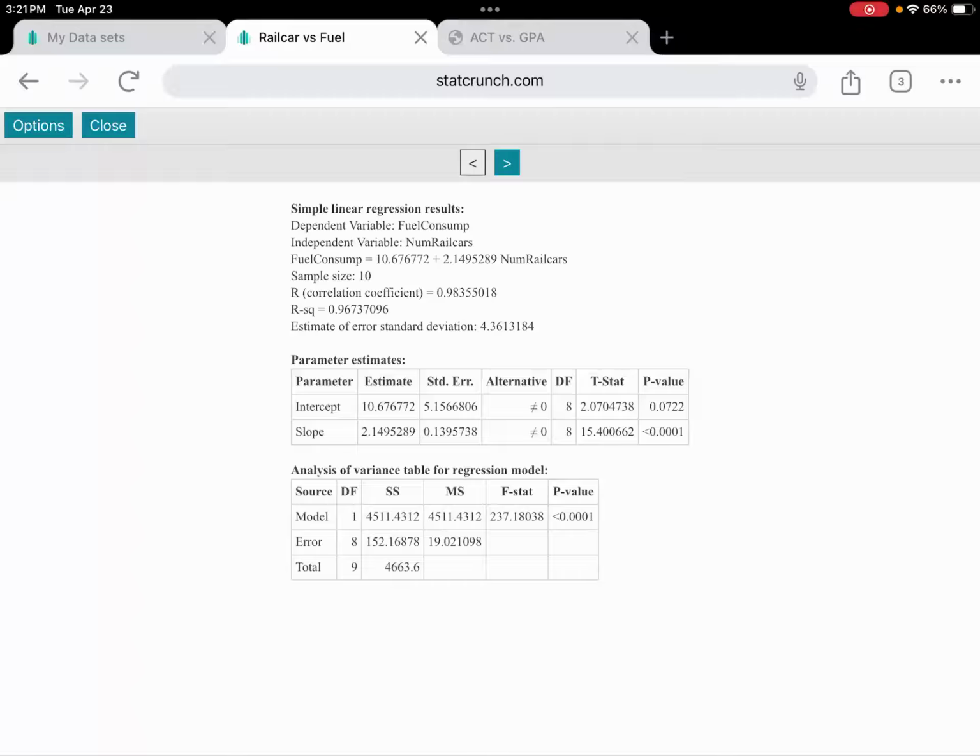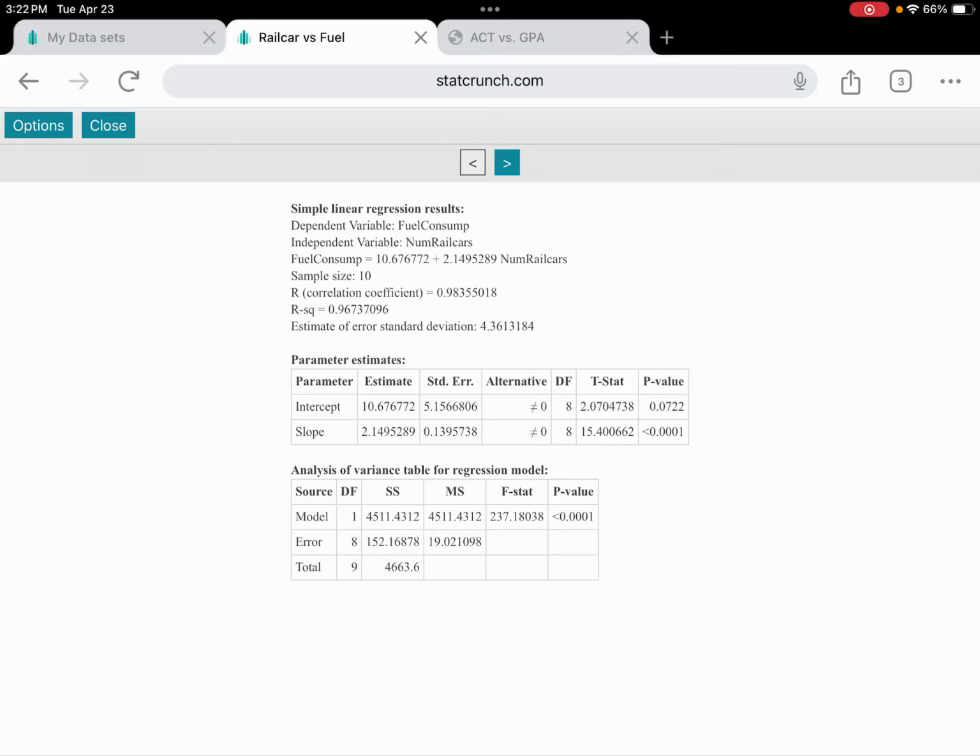So all this information up here is also repeated down here, so it's reinforcing what you know. Also notice right here, parameter estimates. 10.68, that value is right here. Slope, 2.15. So it has those values here as well.